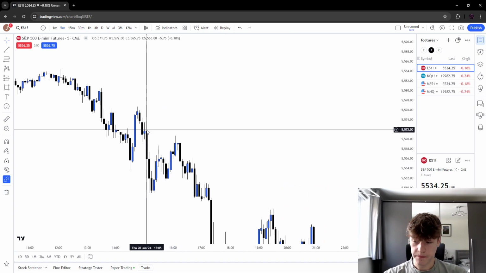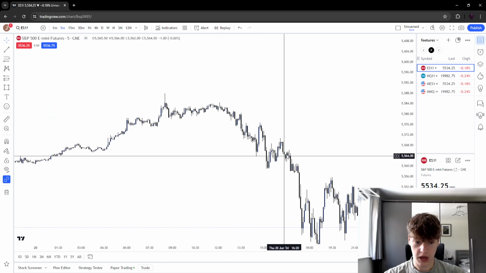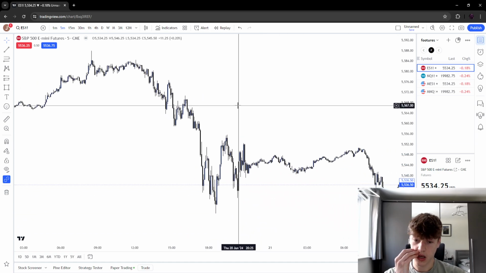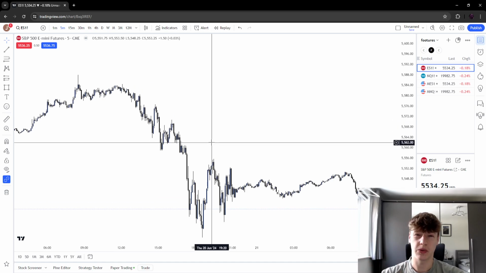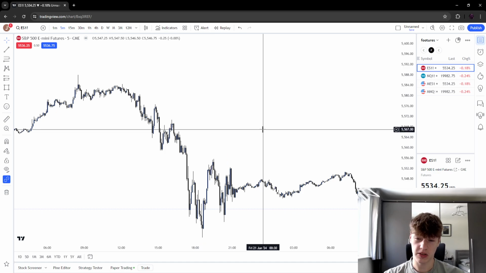But quite simply, that is what imbalances are. I can't really put it any simpler. It's just imbalanced price action, and price will usually want to fill it and then go lower, or come down and go higher. So use it as a retracement to get entries off of. And then it's important to know that imbalances are everywhere.